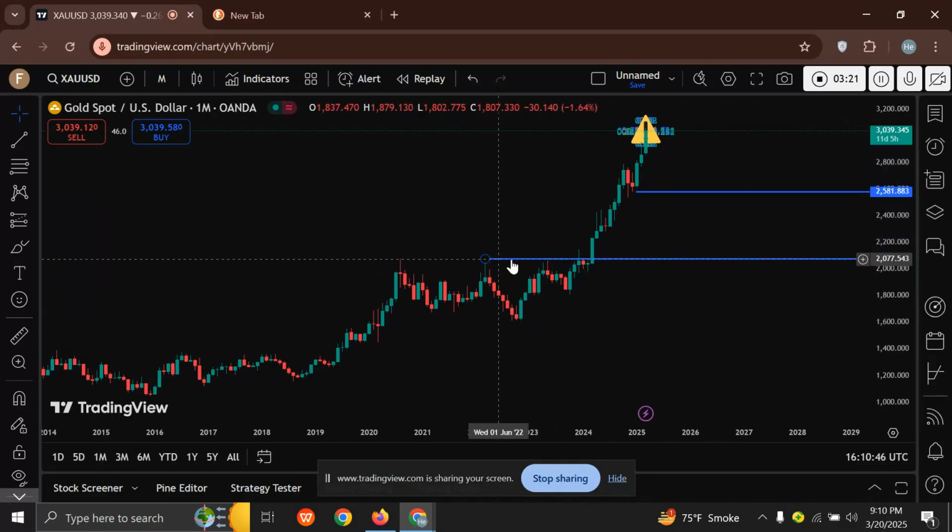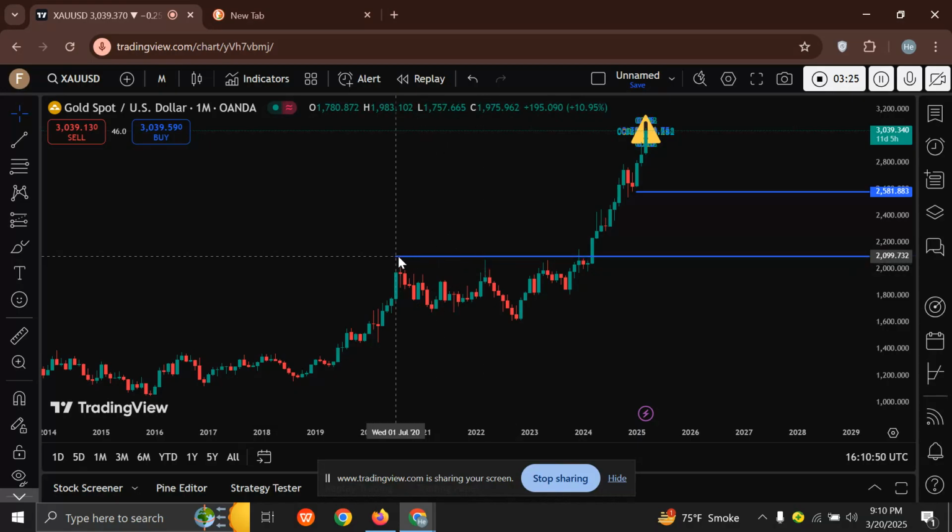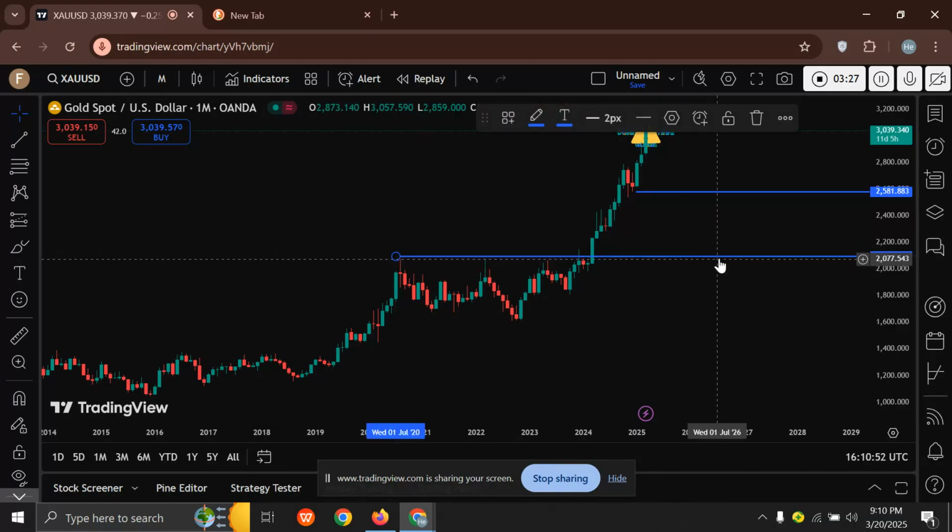This is a place where we can pull back again, but a lot of down movement is needed here.